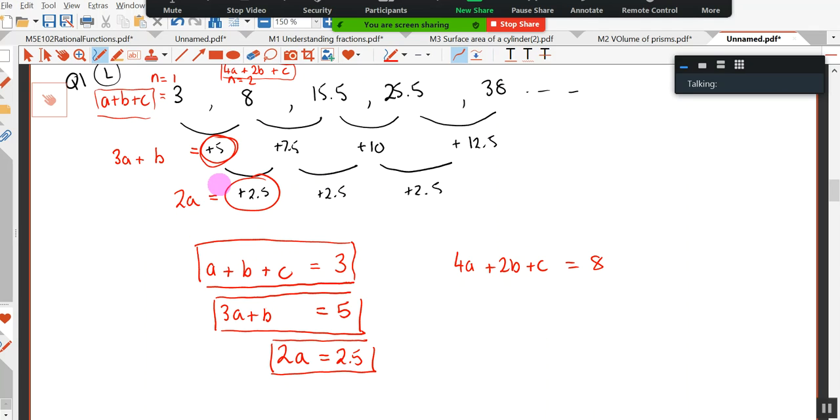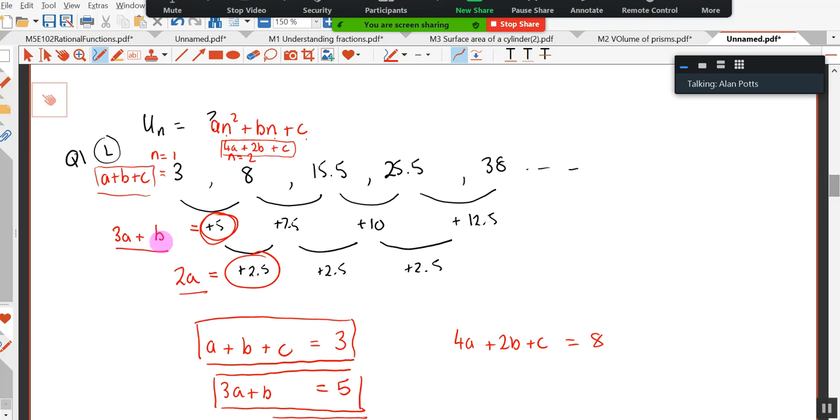If I don't remember where these come from, I can do the subtraction with the algebra. How did we get to 3a plus b? How do you get 5, Liam? The difference between 3 and 8? Okay. How do I get 3a plus b? It's the difference between 4a plus 2b plus c and a plus b plus c.